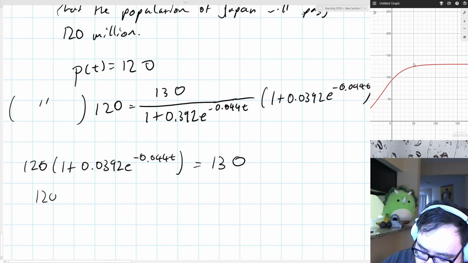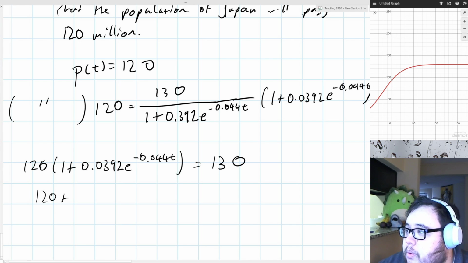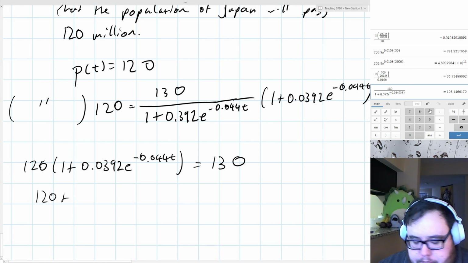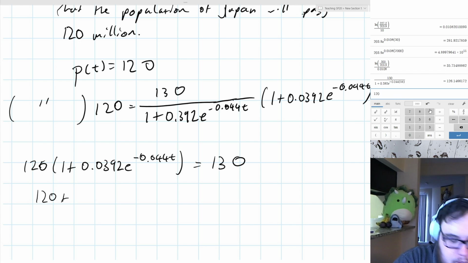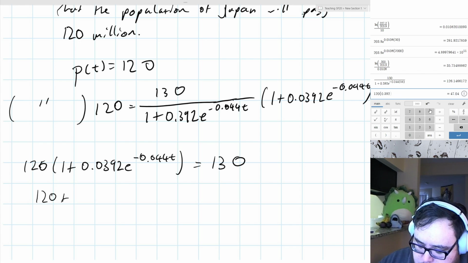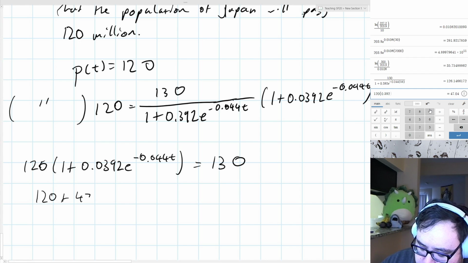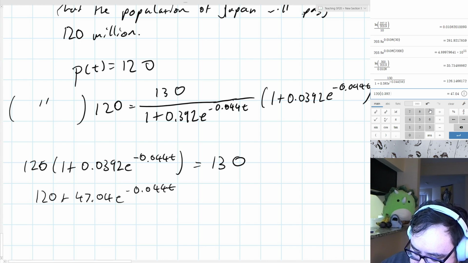We get 120 plus, 120 times 0.392 is 47.04 e to the negative 0.044 t is equal to 130. And then we can subtract 120 from both sides.